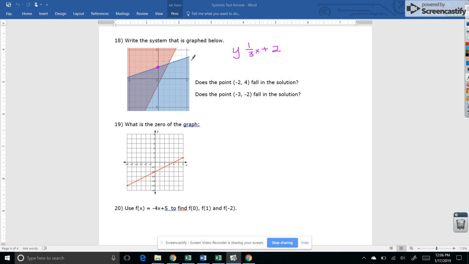This is a solid line, and the blue is shading down, so that's less than or equal to. The red one, the y-intercept here is negative 1. My slope is up 2 over 1. My red line is shading up, and it's dotted, so that's just going to be greater than.